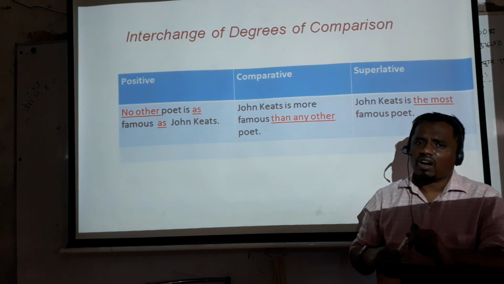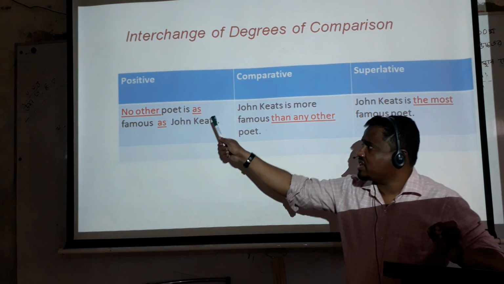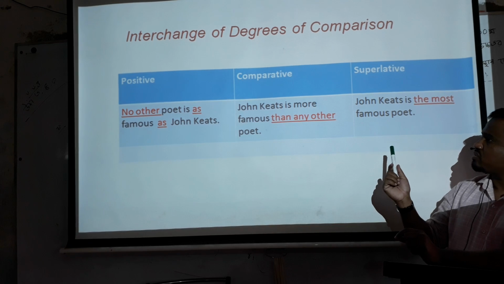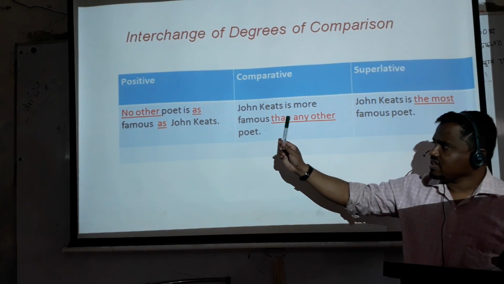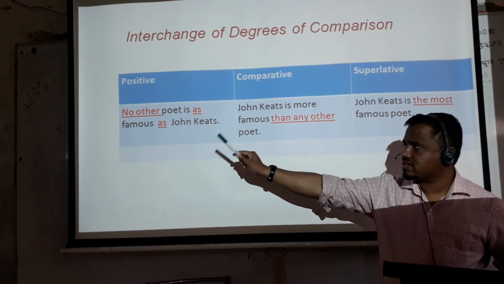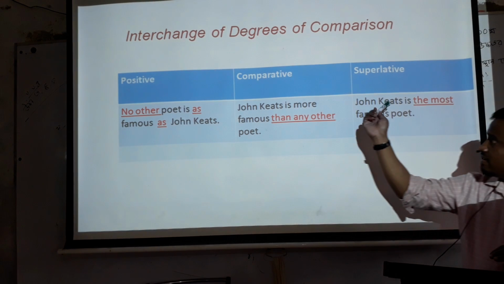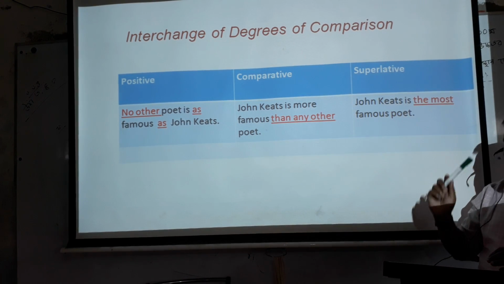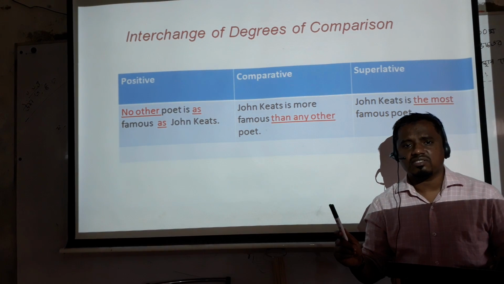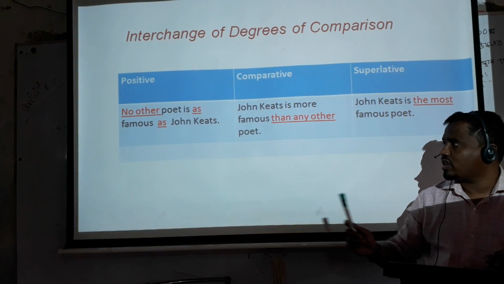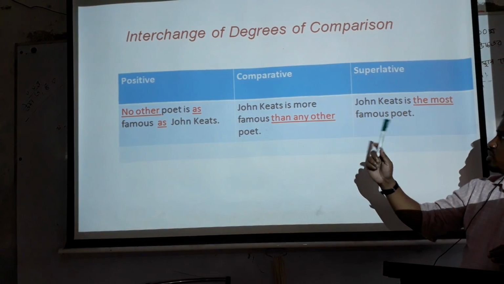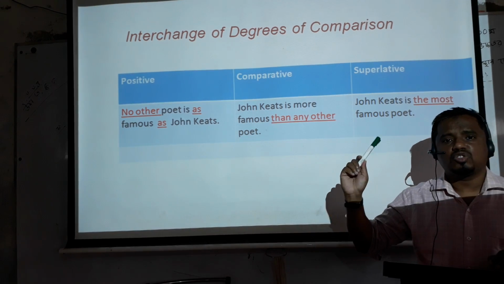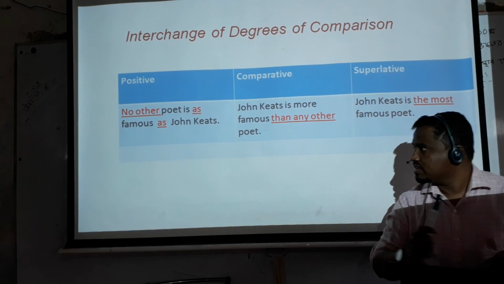Now if you are asked to transform the same sentence into superlative, then you have to transform it this way. Again you have to write the last subject here, John Keats, then the verb is. Remember, if the positive sentence begins with "no other", you have to use "the" before superlative degrees.